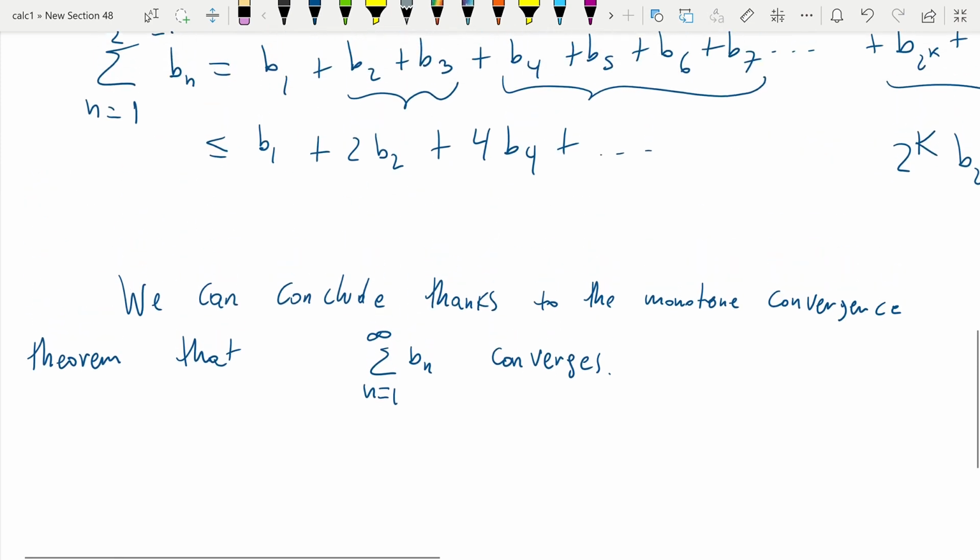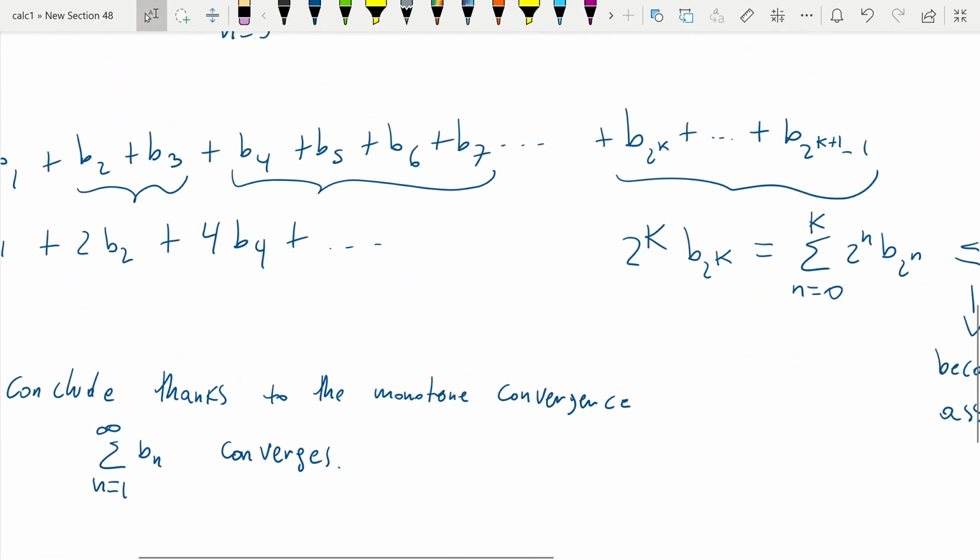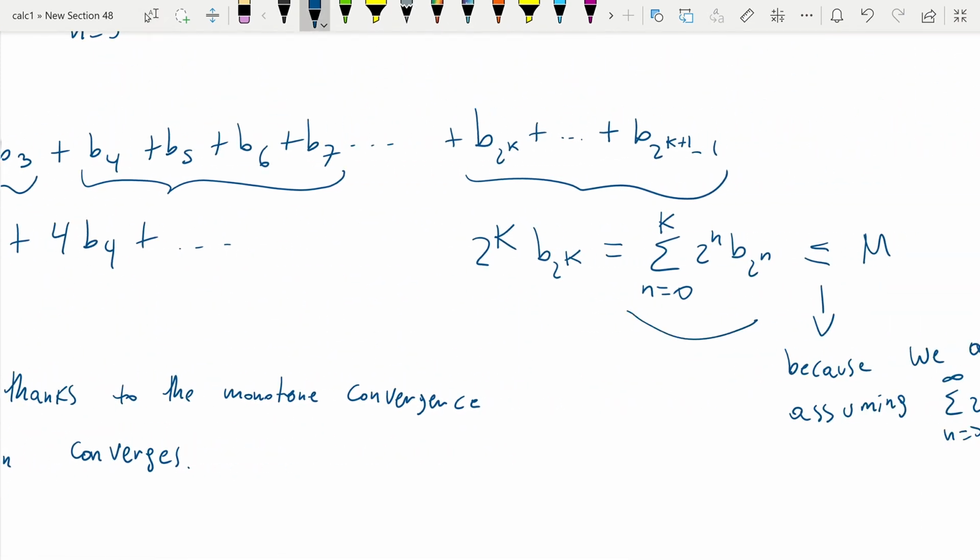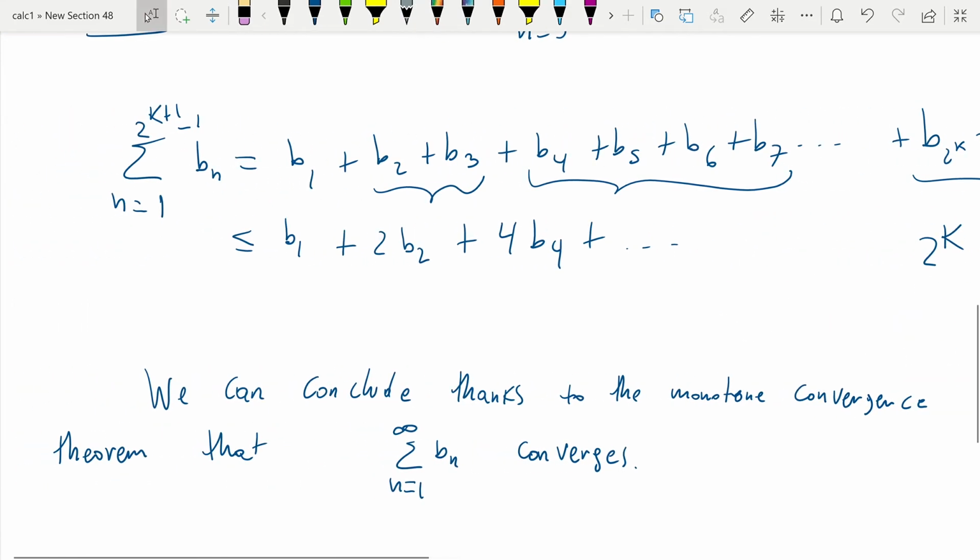Here we used the bound for this convergent sequence of partial sums to deduce a bound for the sequence of partial sums for the b_n's. We can also do the reverse.